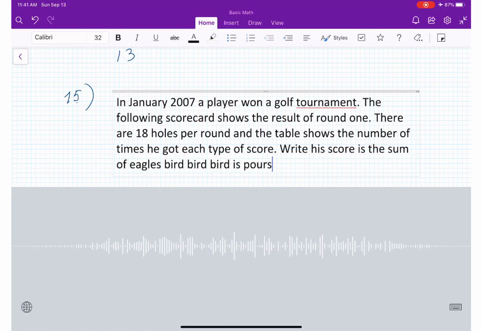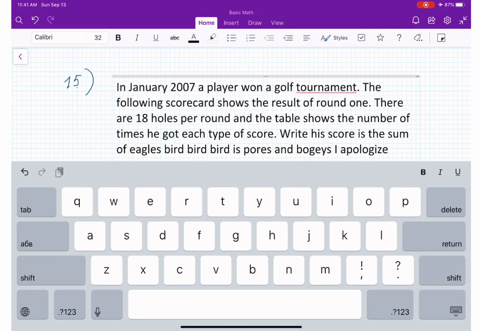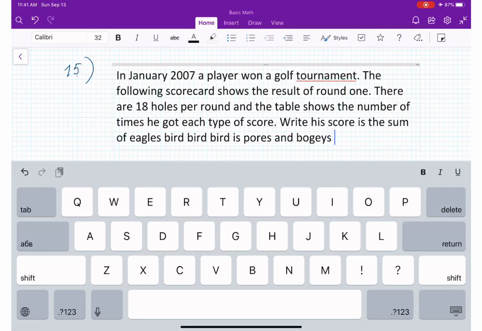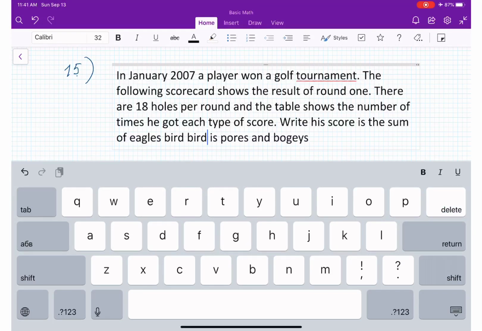Incorrect? He's typing, I apologize. Okay. Yeah. Okay. Parse. All right.